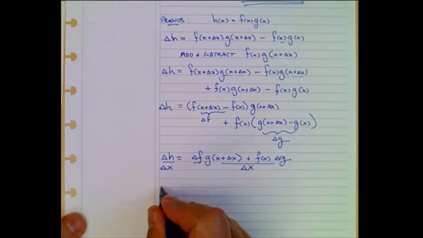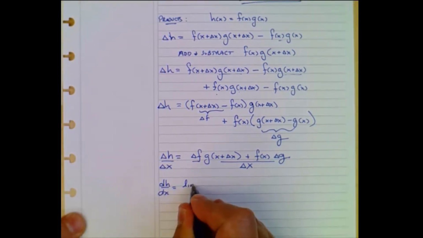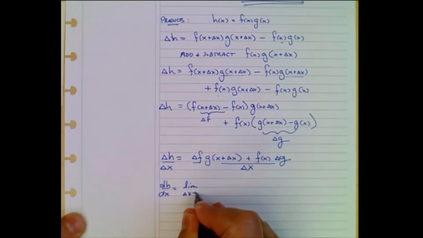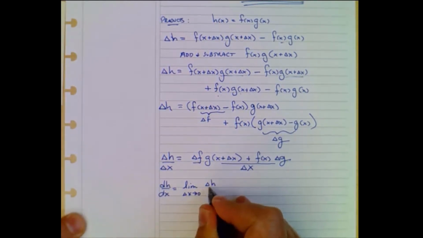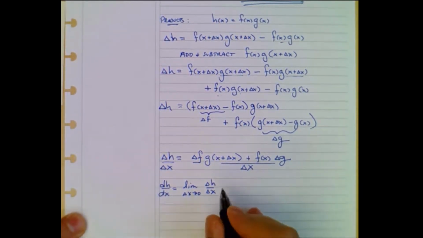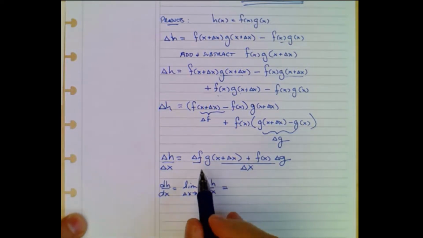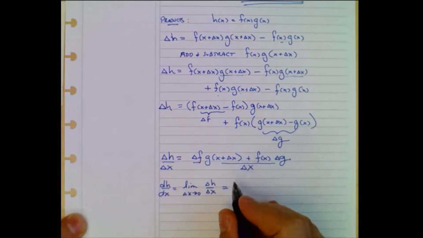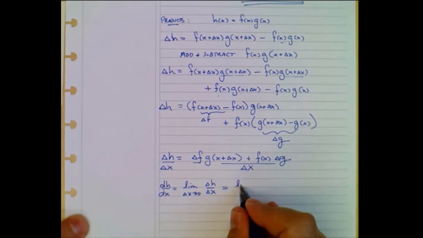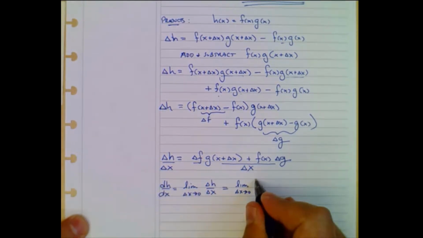And then we're going to take the limit, so dh/dx is equal to the limit as delta x goes to 0 of delta h over delta x. And that's the limit of the above function. Well, I'm just going to write this out in excruciating detail to make obvious the conclusion that we're going to draw.